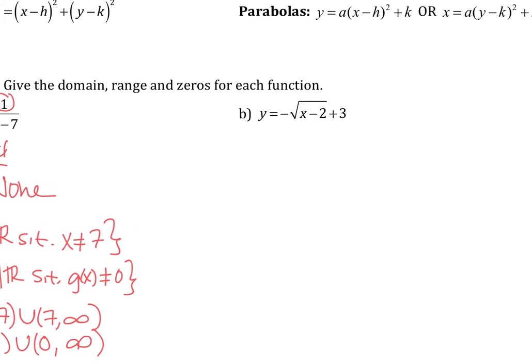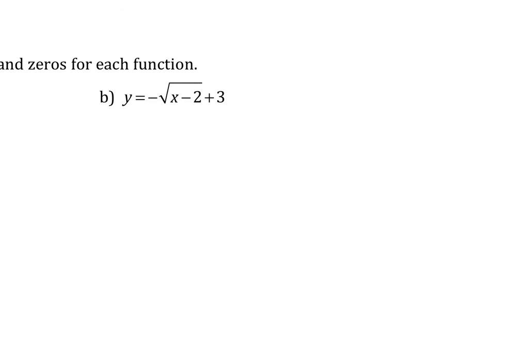For our next one, we have a square root function. You could either use your knowledge of what square root functions look like from last year. So for example, we know my vertex is going to be at (2, 3), and this will open down because of this negative, and because this x is positive, it opens to the right.